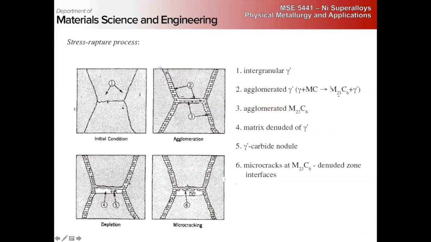As these carbides form, our grain boundary region becomes denuded of gamma prime, just like a precipitate-free zone in aluminum. So we have a grain boundary region that is now softer because we don't have the strengthening phases, and our carbides grow larger, and eventually this leads to micro cracking at these interfaces. This is just a schematic picture of the ultimate failure mode.